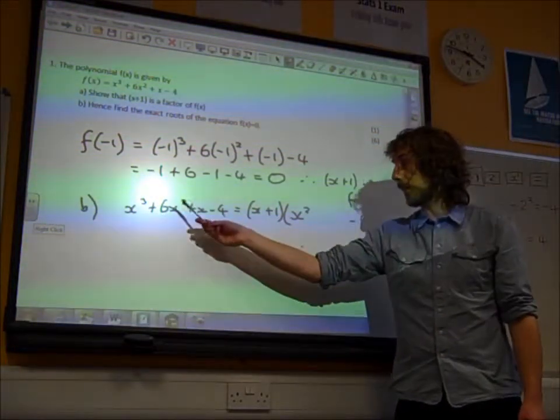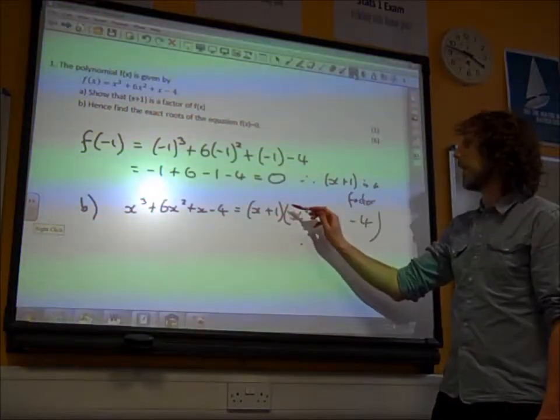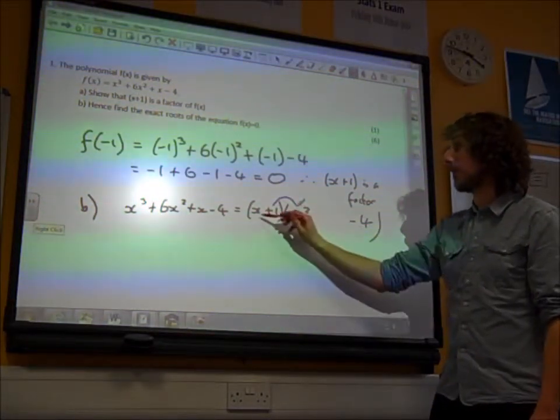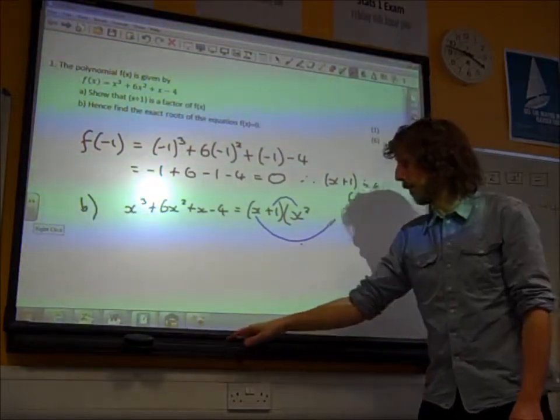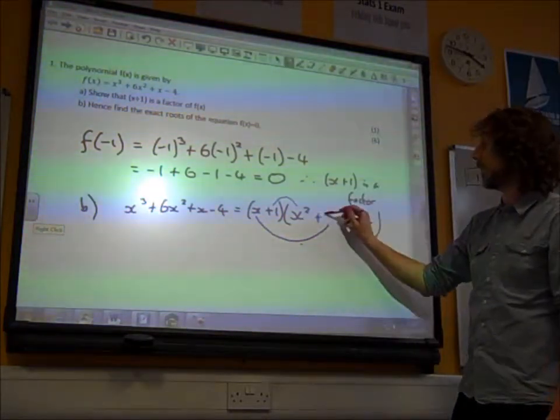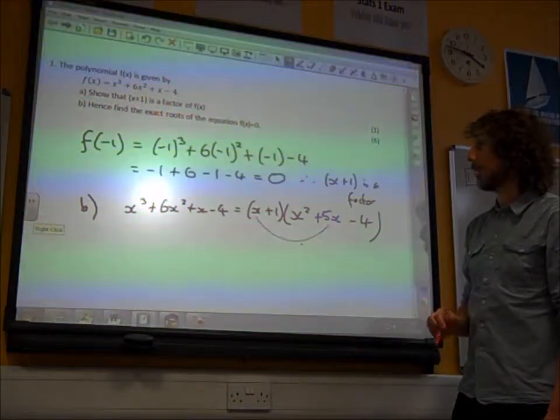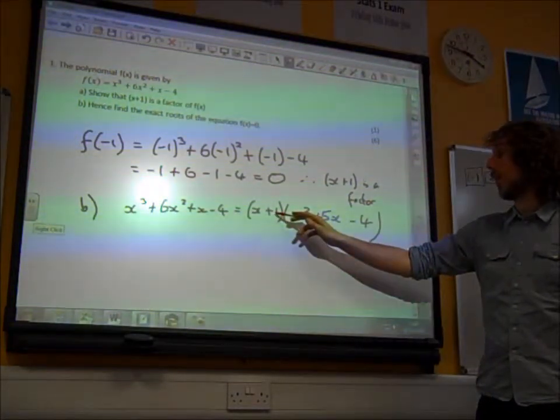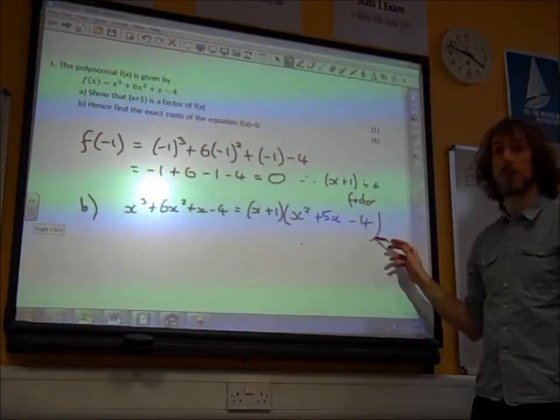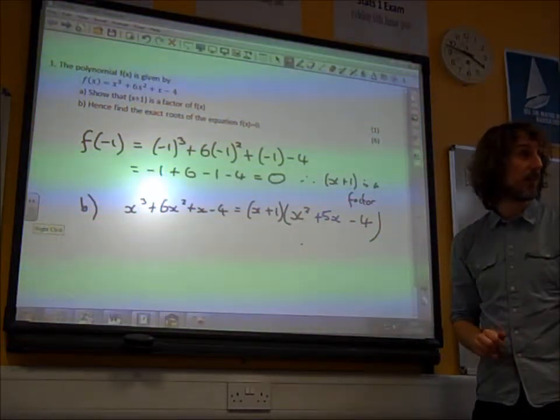To get 6x squared, 1 times x squared plus whatever is there has to be a plus 5. Let's check that that works. We've got plus 1x there: plus 5x minus 4x is plus 1x.